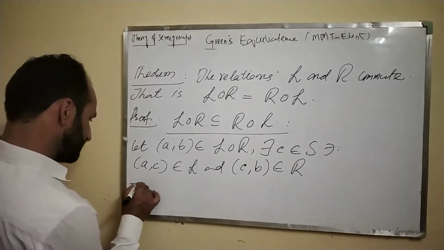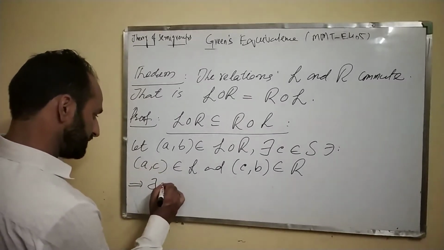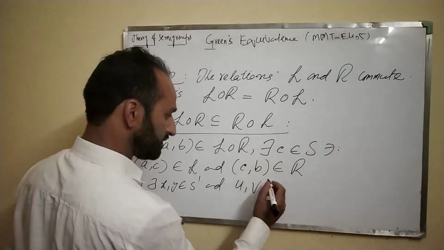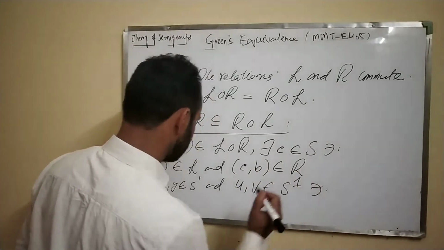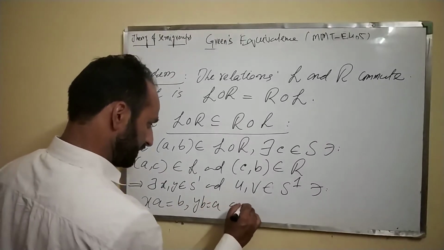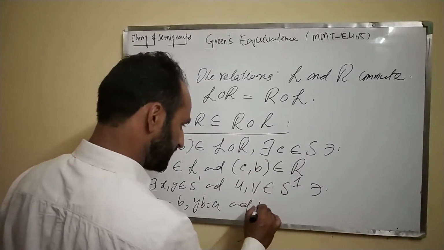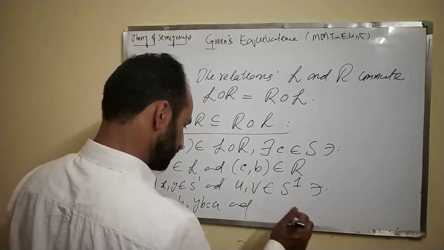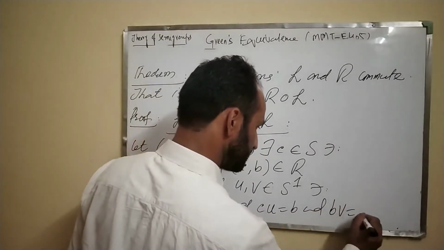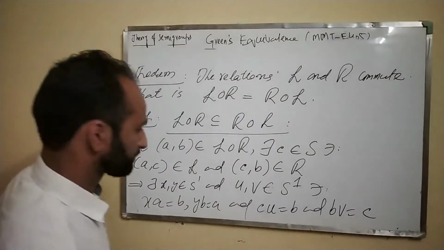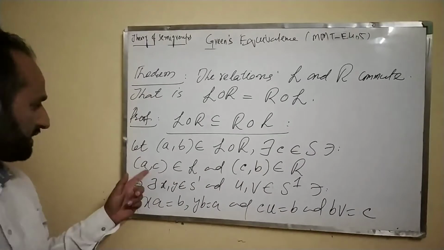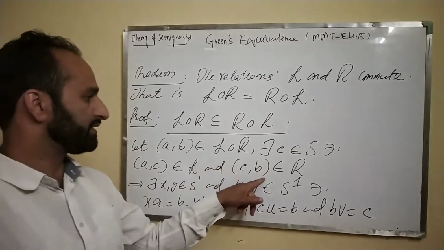Since A, C are L related, there exist X, Y in S1 such that XA is equal to C and YC is equal to A. And since C, B are R related, there exist U, V in S1 such that CU is equal to B and BV is equal to C. So assume A, B are in L composition R, so there exists C in S such that A and C are L related and C and B are R related.